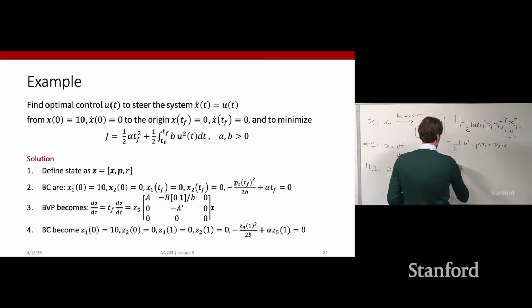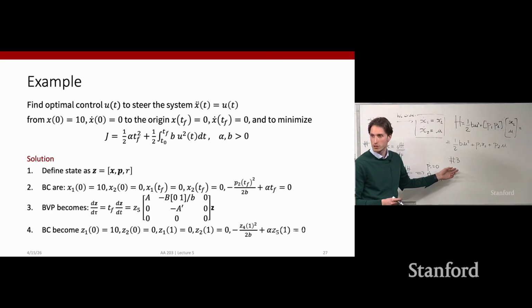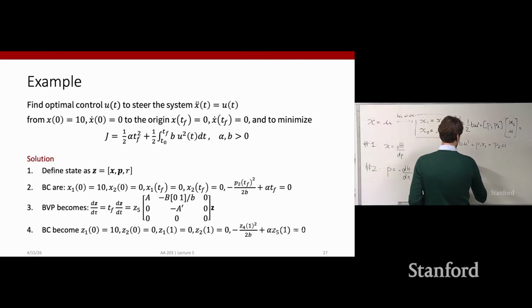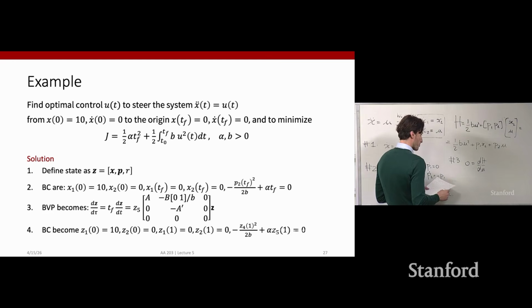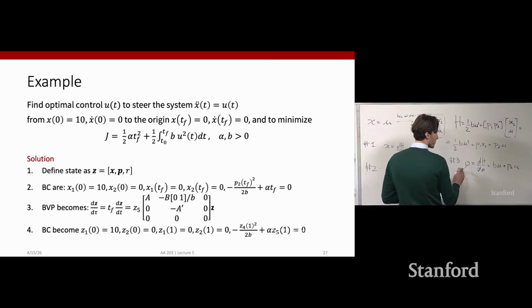And then the third optimality condition entails imposing that u has to be a stationary point of our Hamiltonian, which essentially means that the derivative of the Hamiltonian with respect to u has to be equal to 0. Which in this case means that B u plus P2 has to be equal to 0.